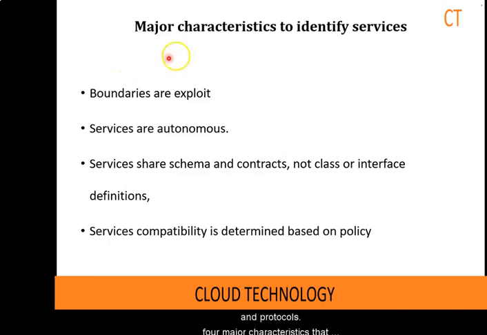The four major characteristics that identify a service are: boundaries are explicit, services are autonomous, services have schema and contract, not class or interface definitions, and service compatibility is determined based on policy.